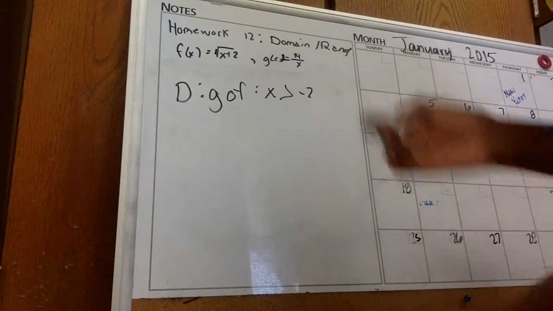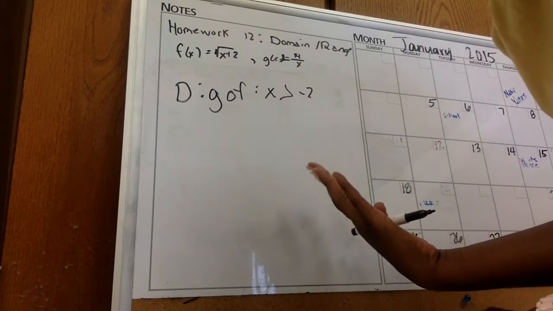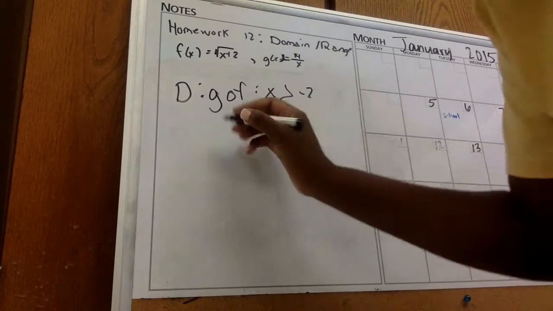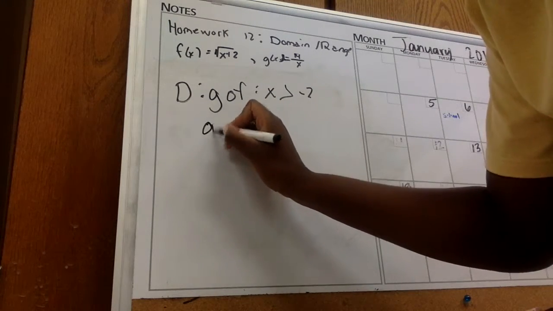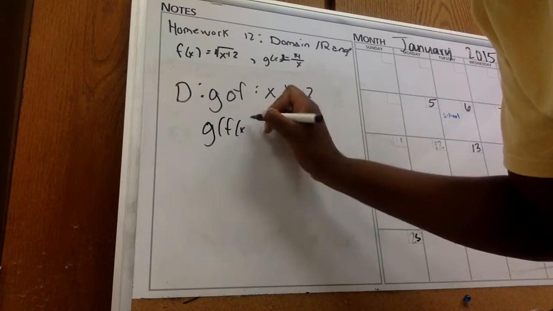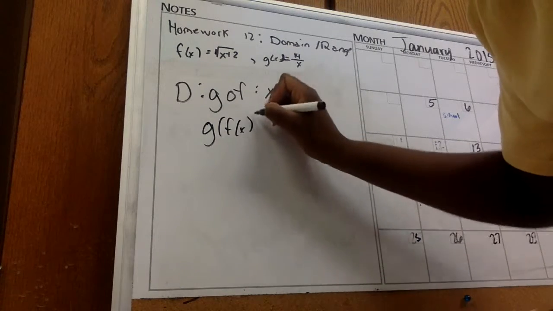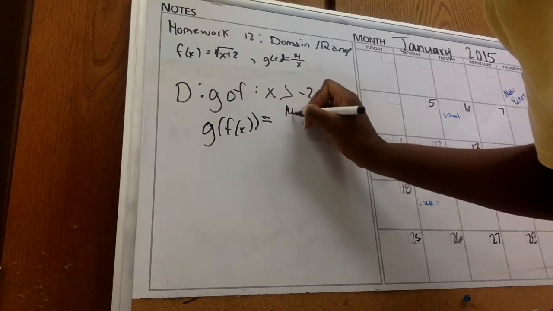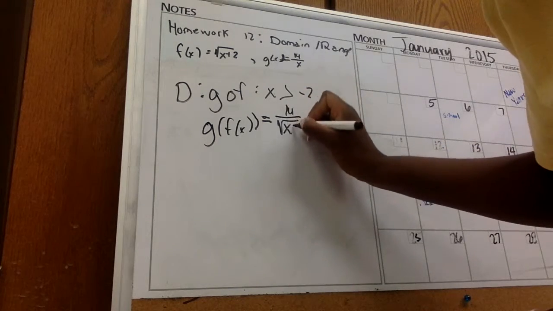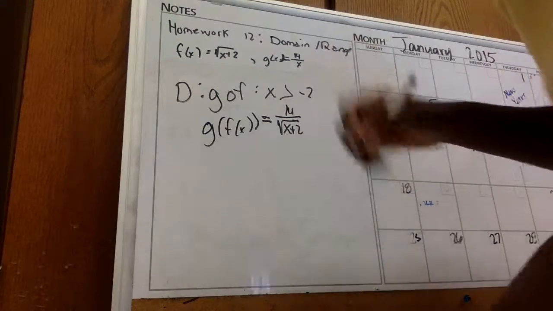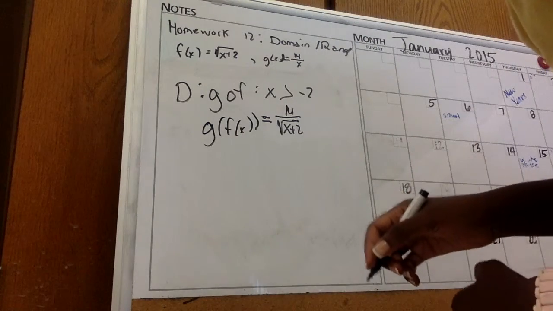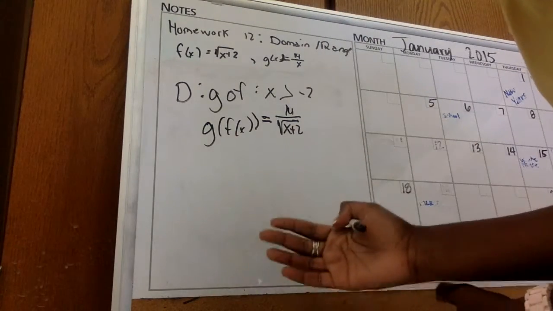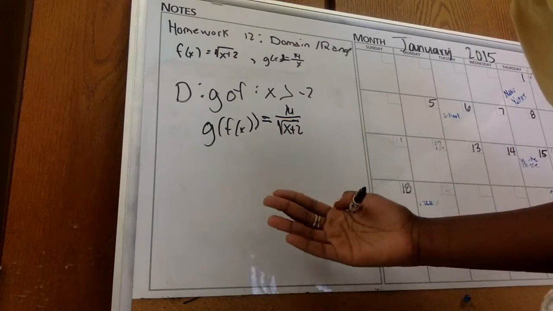When you plug in the values greater than -2 into its function, you find that the value is going to approach 0, but it never actually equals 0.